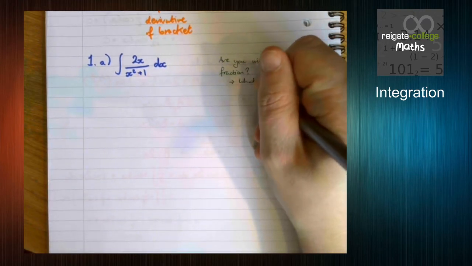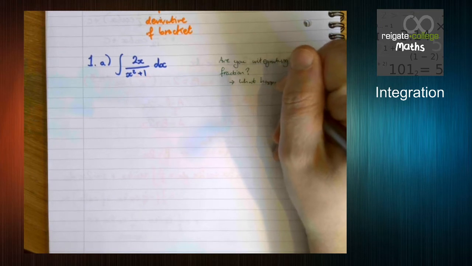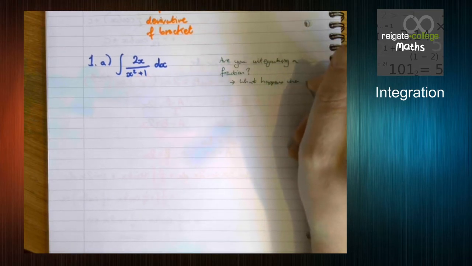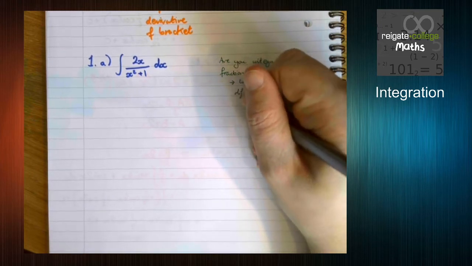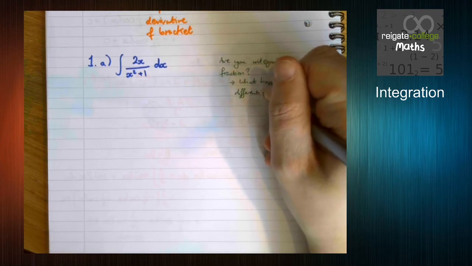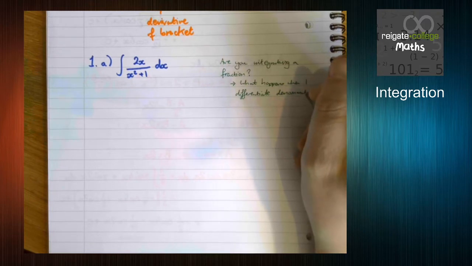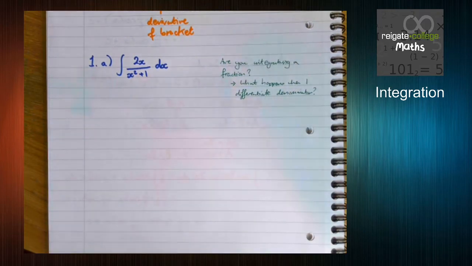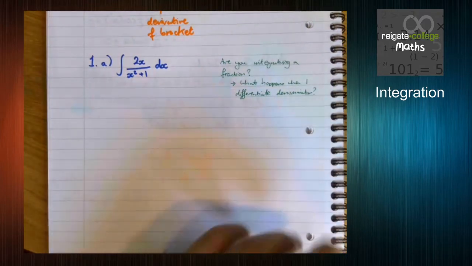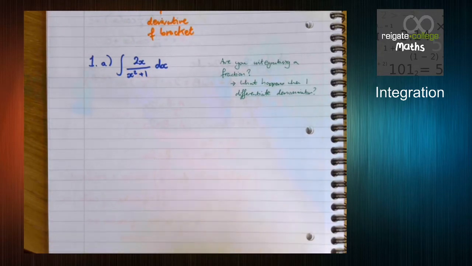What happens when I differentiate the denominator?